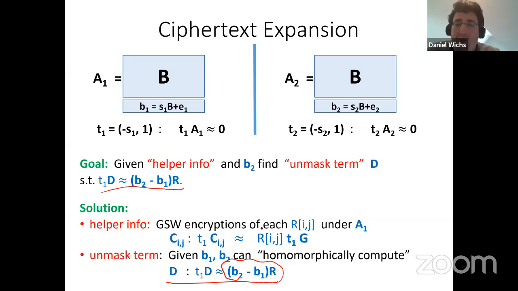So that's when you know B2, and you can compute this matrix D, which depends on B2, and that's going to let you generate the expanded ciphertext. Again, parties are encrypting their data individually. Once everyone encrypts and you have all the different ciphertexts, then you can expand them together into an expanded ciphertext under all the keys. Here, I'm assuming you know all the public keys and all the ciphertexts at this point.